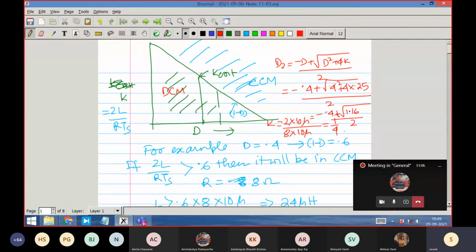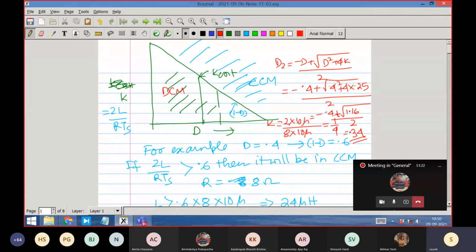It is coming out to be 0.334 approximately. This is what is D2.